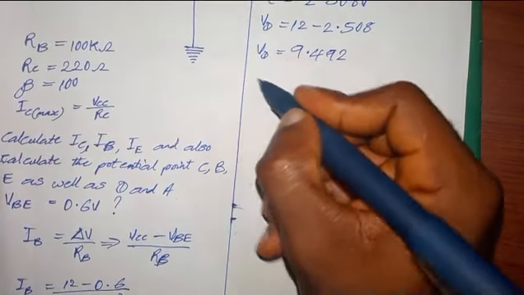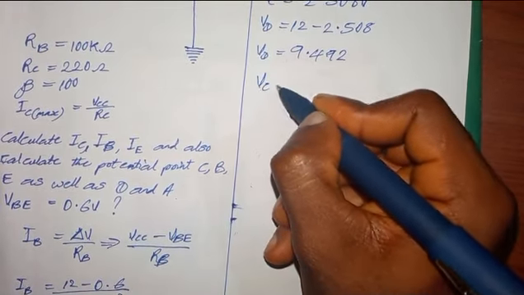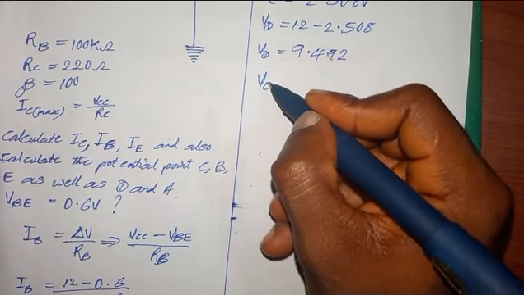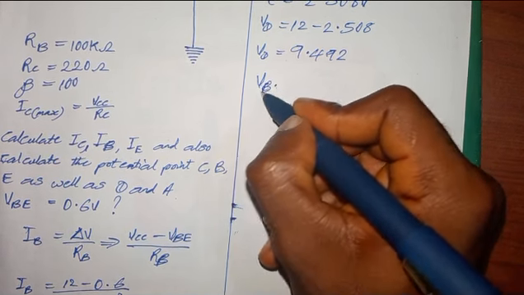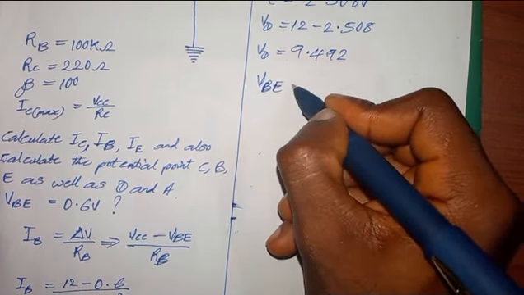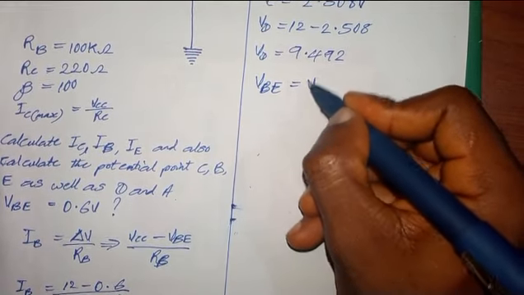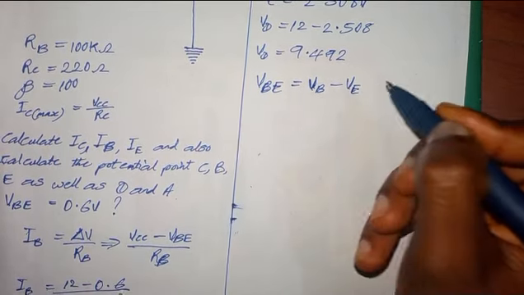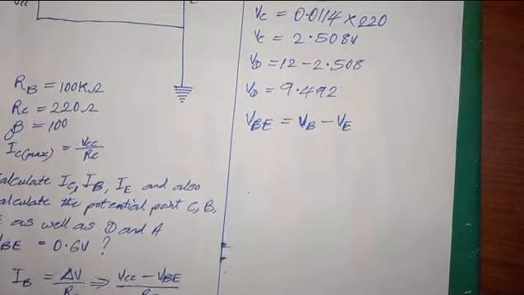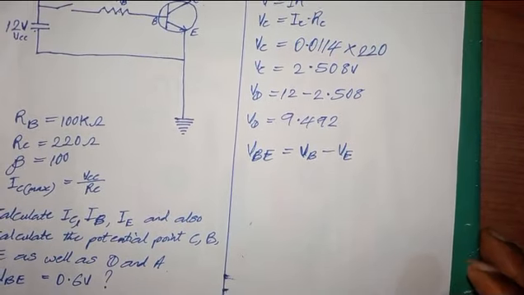Note, VBE, is equal to VB minus VE. I would have explained this earlier, but it's still okay.